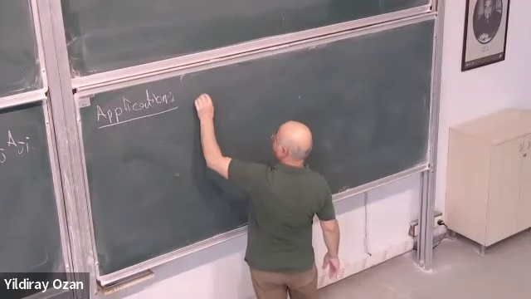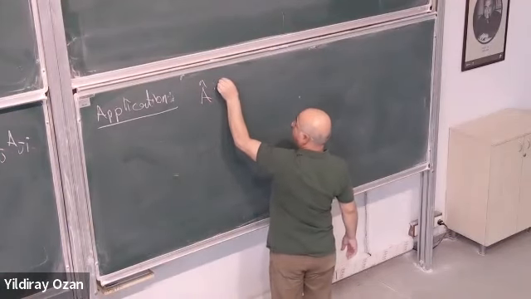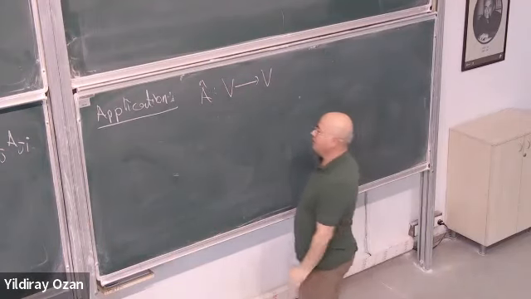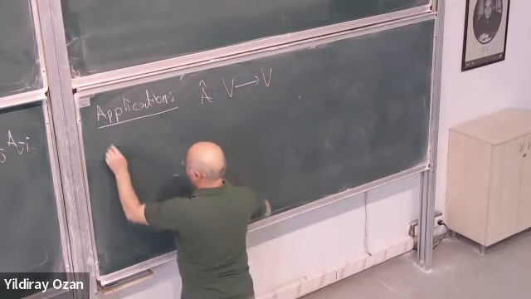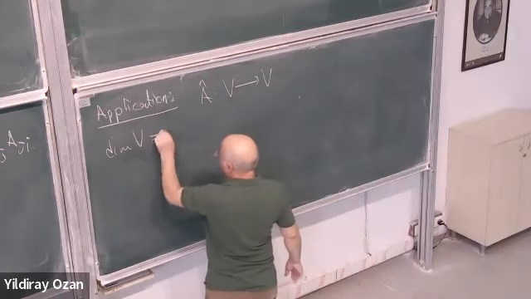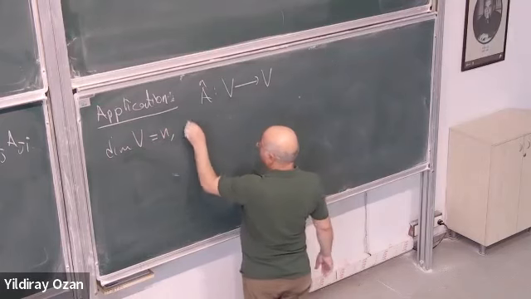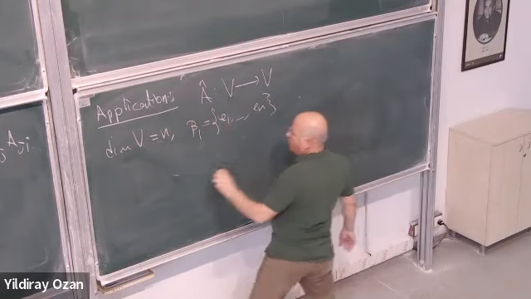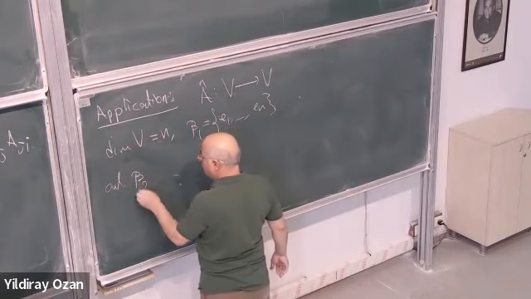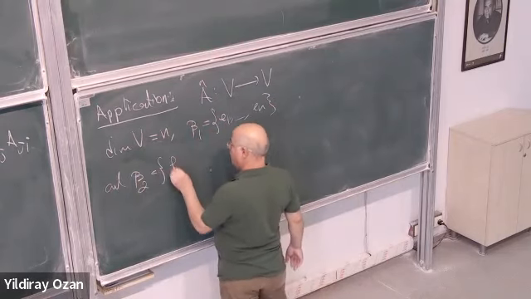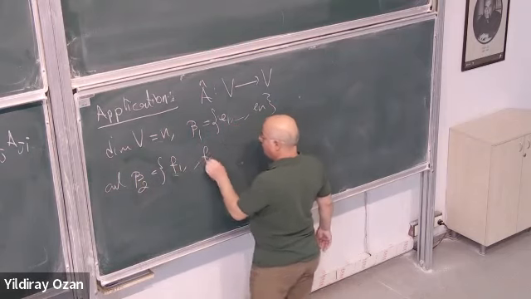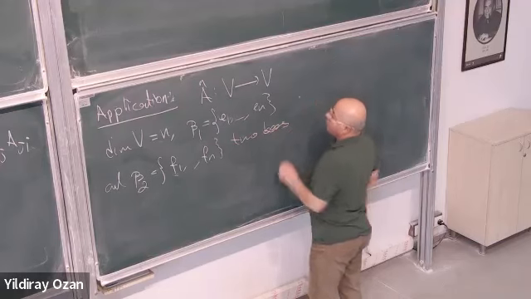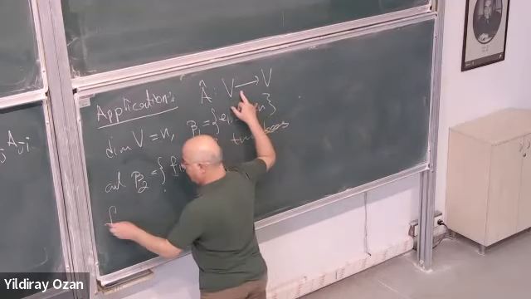Suppose A hat is a linear map from B to B. Okay, and B is finite dimensional, let's say, and beta 1 and beta 2 are two bases for the same vector space B.